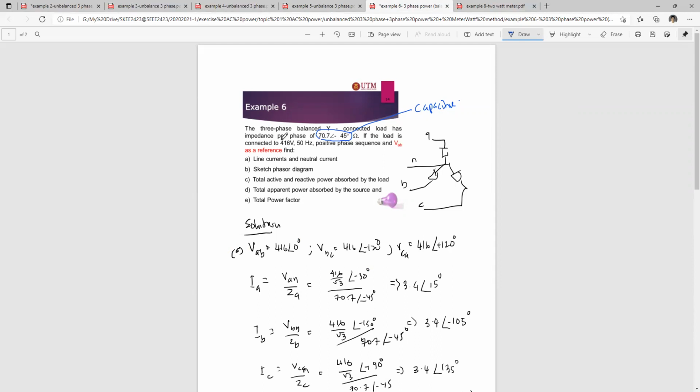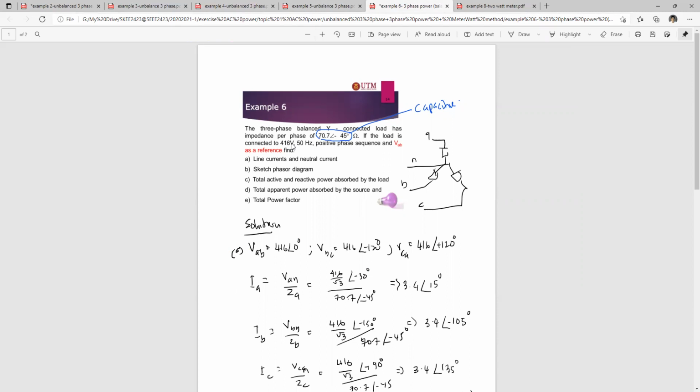This 416 is actually your V line. Please be noted that the question should state what the variable is: is it referring to V phase or V line?